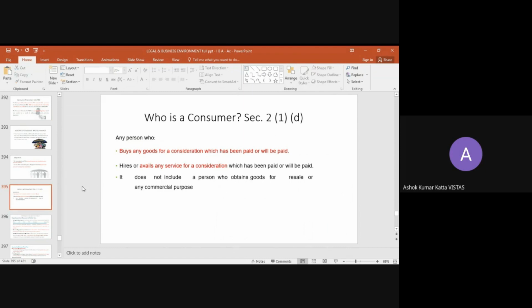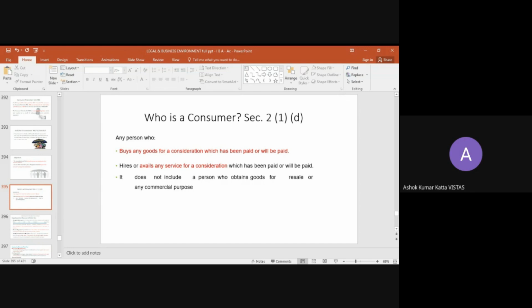A consumer is a person who is going to buy the product for the sake of his consumption. For that, he is paying some sort of money, and that person will be called a consumer.